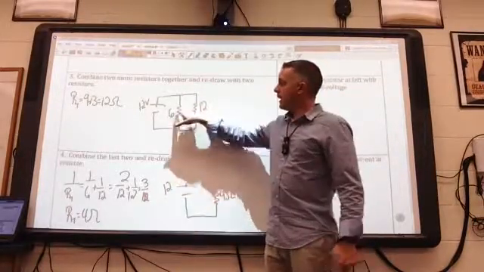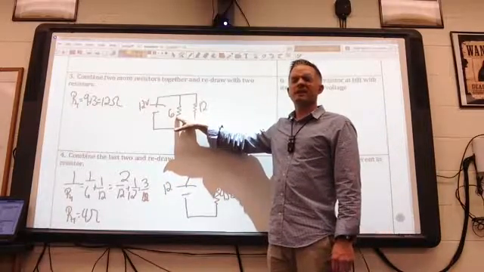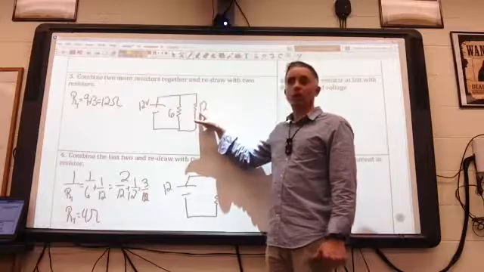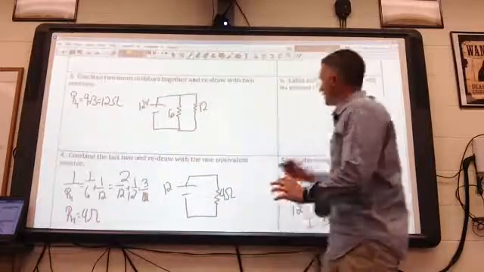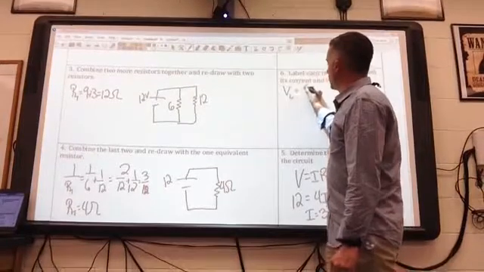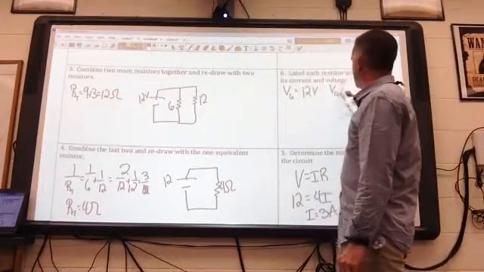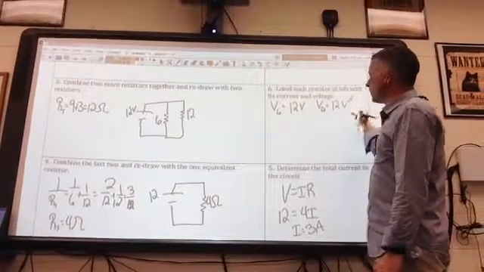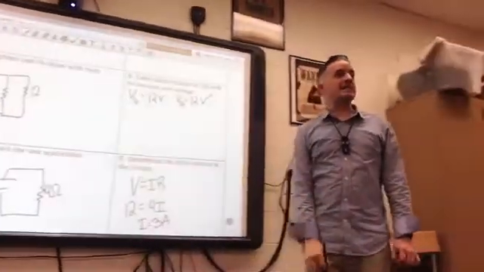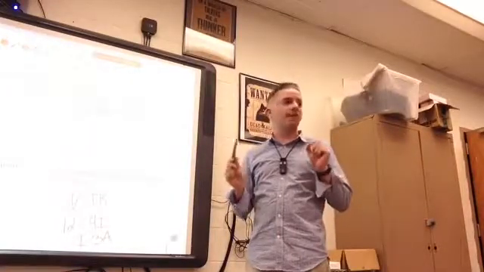So how many volts does the 6 ohm get? Gets 12 volts, right? How much does the 12 ohm get? Right, okay. So the voltage for the 6 ohm gets 12 volts. The voltage for the 12 ohm gets 12 volts. Because that's, again, just the property of a parallel circuit, that everybody gets the same voltage.